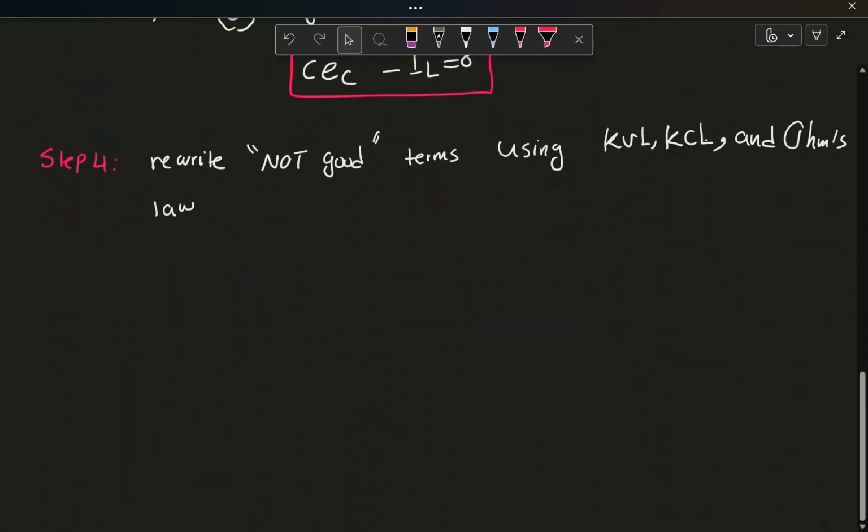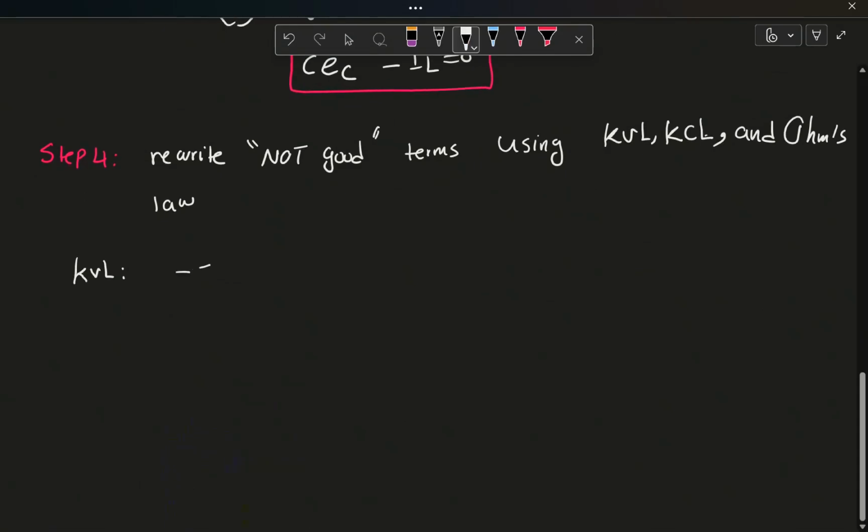Okay, so let's go ahead and write down the KVL here. You will have negative ER, negative EL, negative EC, plus EN equal to 0. Very simple, yes?